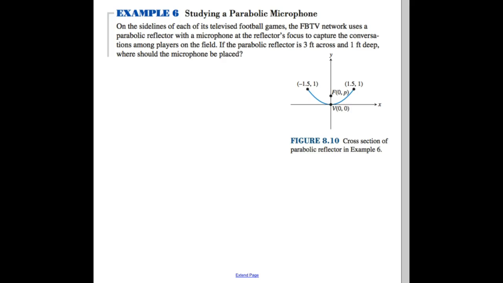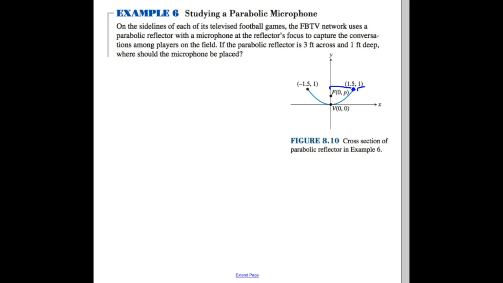And what they've told us is that the parabola shape is 1 foot deep. So the top edges of my reflector here are 1 foot above the x-axis. And they've said it's 3 feet wide. And because our parabolas are symmetric, and we've centered it at the origin, then 1.5 feet would go on either side. So this distance here is 1.5 feet.